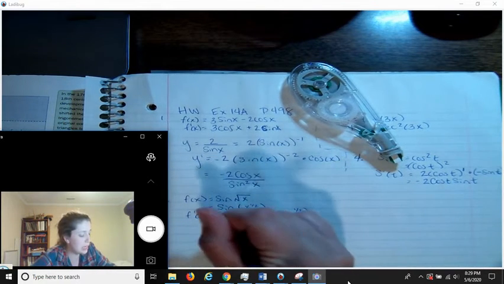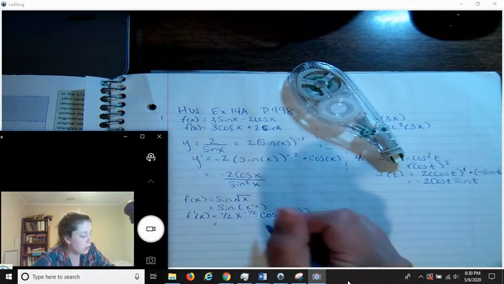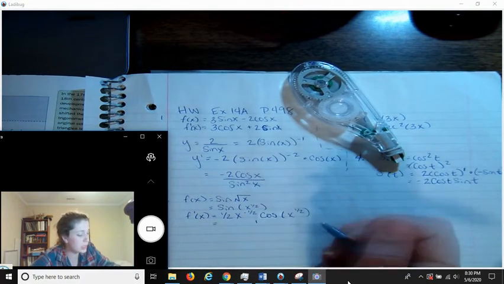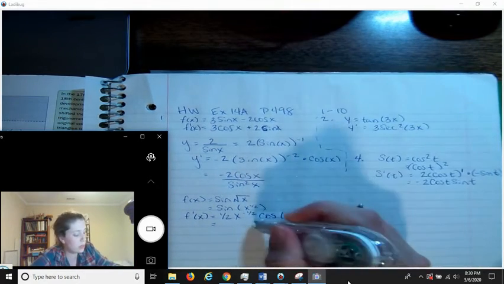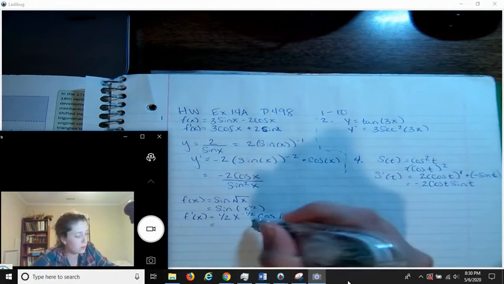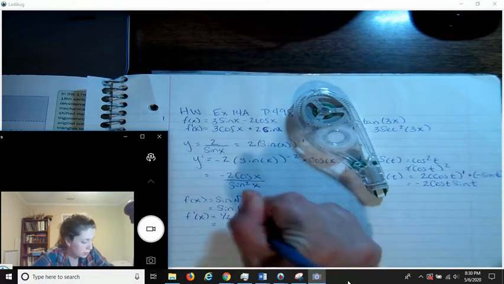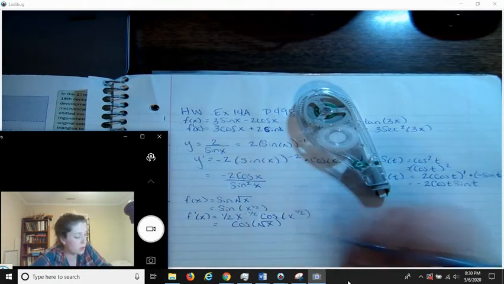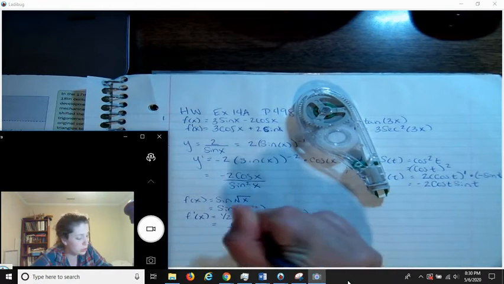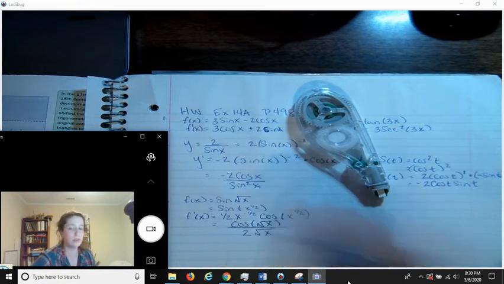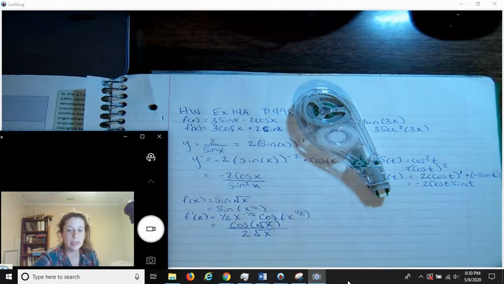So this would end up being 1 times cosine of the square root of x all over 2 times the square root of x. Okay. All right. So as written, either line is fine.